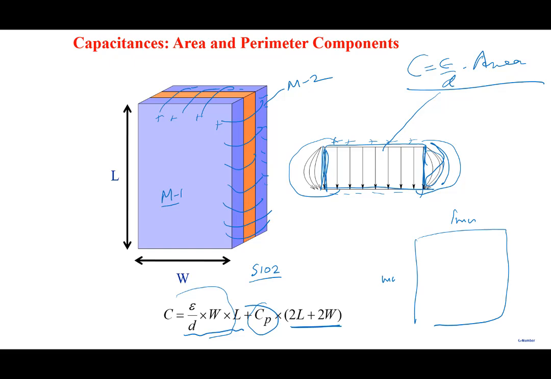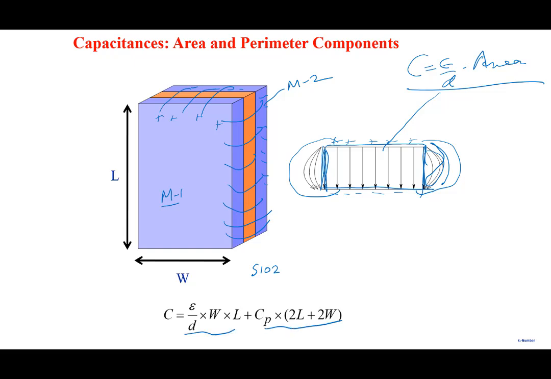But in fact, if you take the ratio of the two components, this is the area component and this is the perimeter component. Let's call this C1 and C2, and look at C1 by C2.